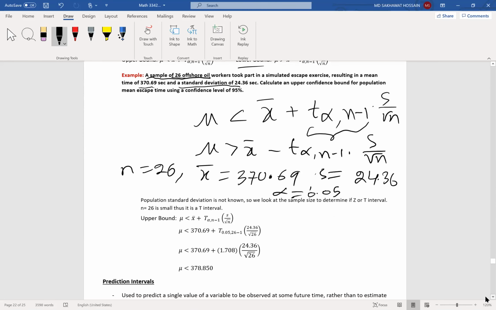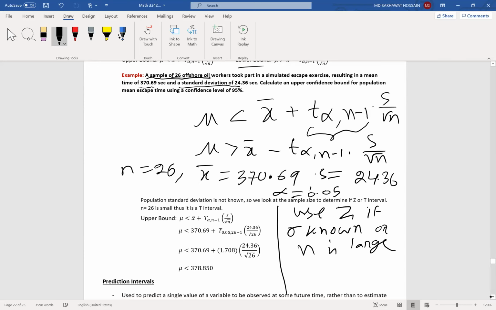Okay, so we use the z distribution if sigma is known or n is large. In this case, sigma is unknown and n is not large. n is small, n is 26 only.